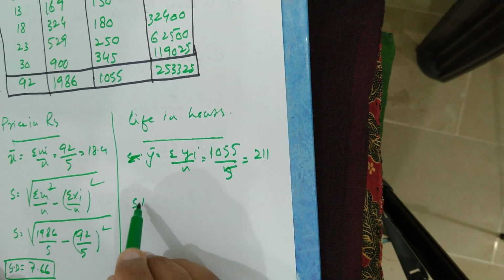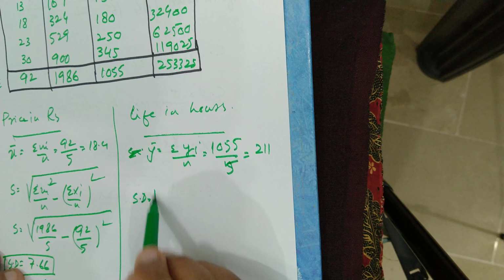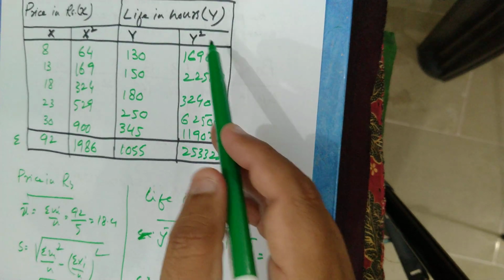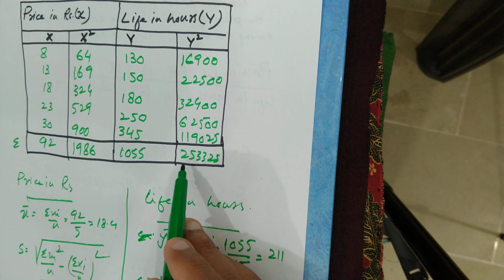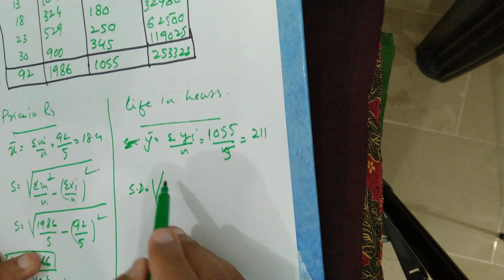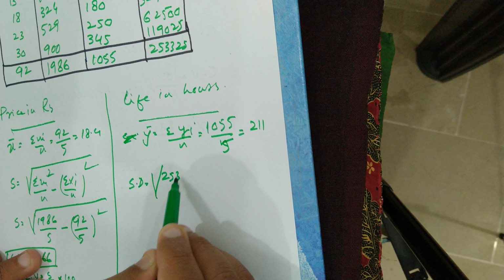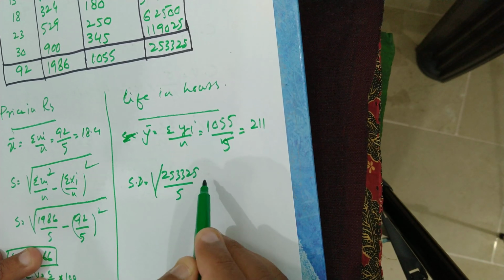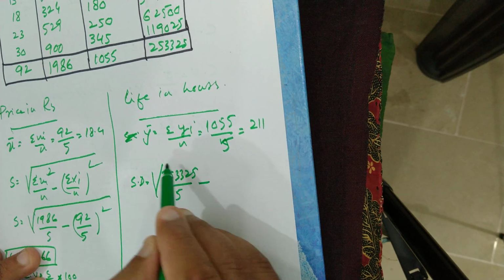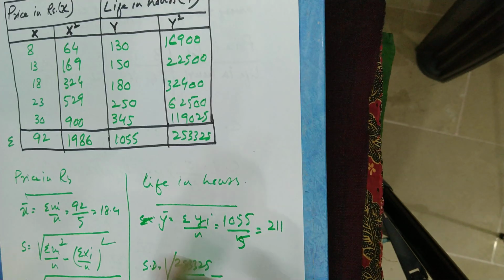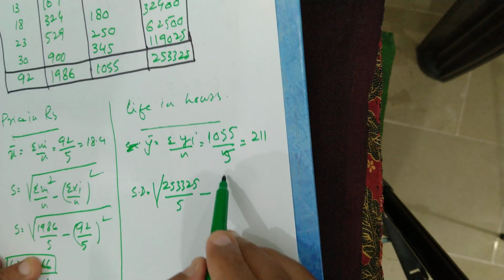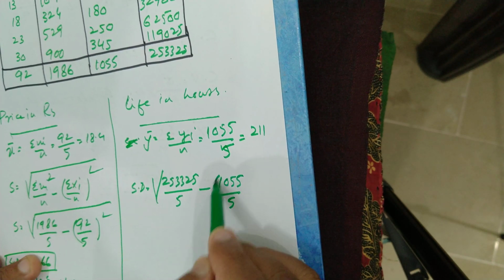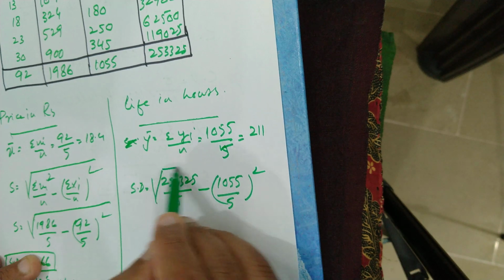For the standard deviation, the summation of yi square is 253325, so 253325 divided by 5 minus 1055 divided by 5 whole square.